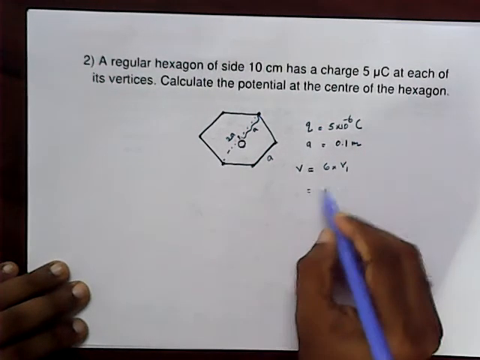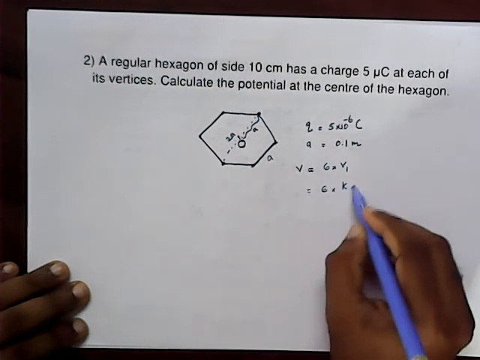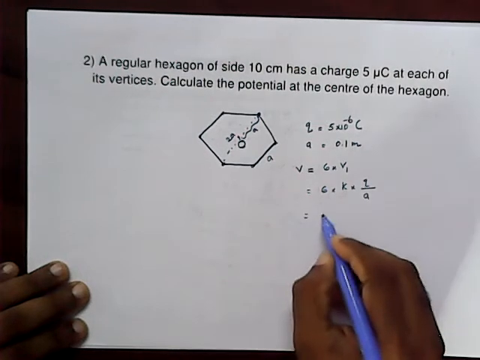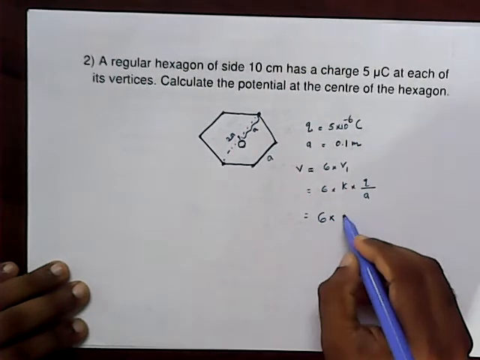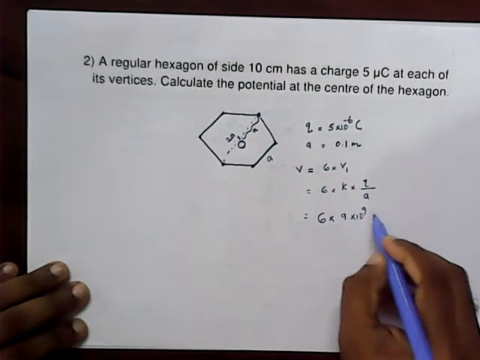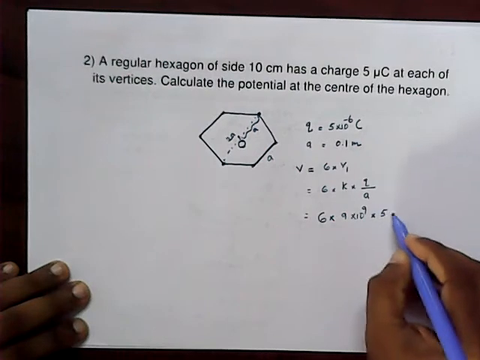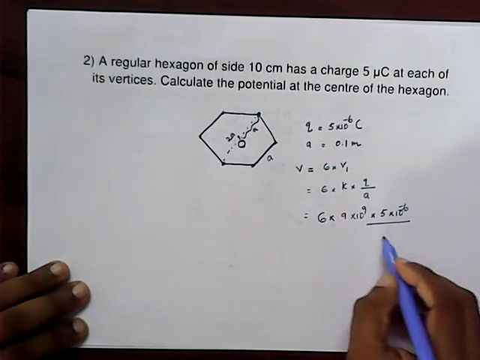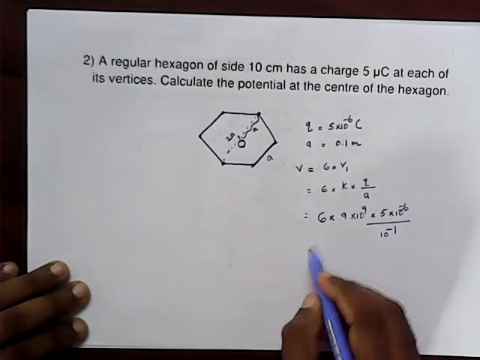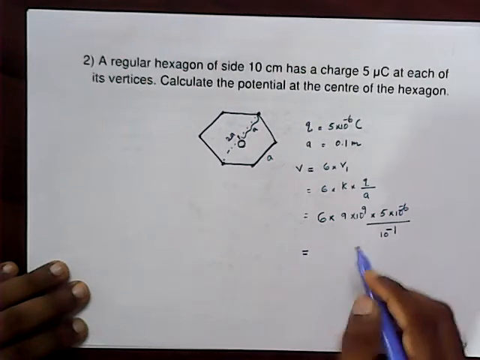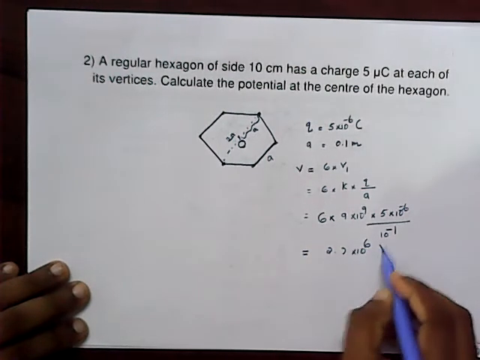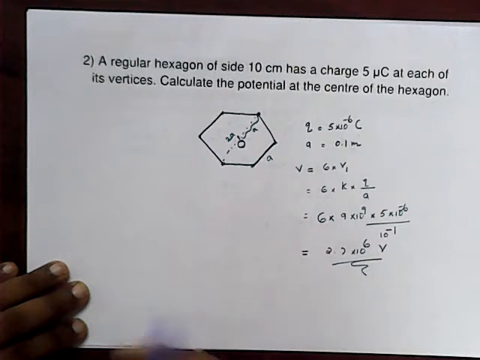So that is equal to 6 into K into the individual charge divided by A. That is 6 into 9 into 10 raised to 9 into the charge 5 into 10 raised to minus 6 divided by 10 raised to minus 1. So you get the value exactly 2.7 into 10 raised to 6 volt.